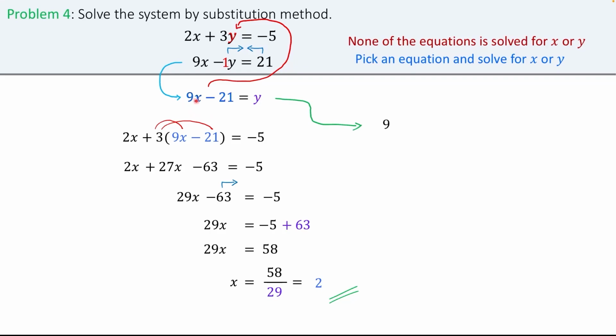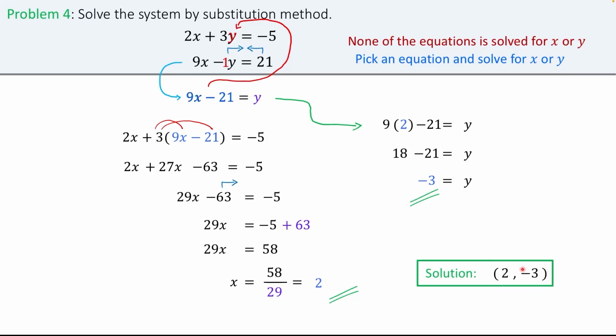So 9 times x, which is 2, minus 21 is equal to y. 9 times 2 is 18, minus 21 is equal to y. 18 minus 21 is negative 3, which is equal to y. So y is negative 3. So the solution is (2, negative 3). This is the solution to the system.